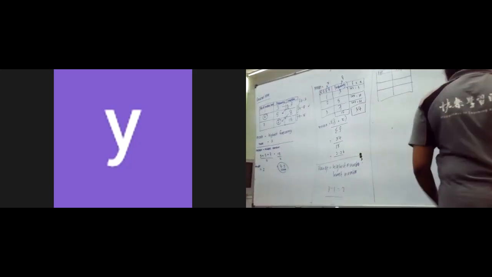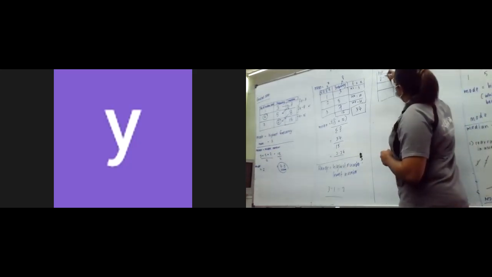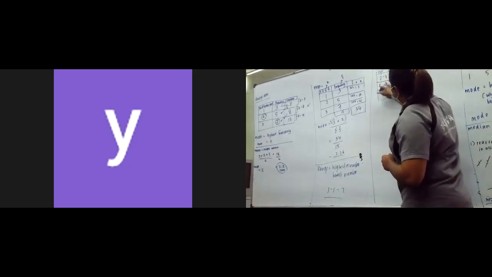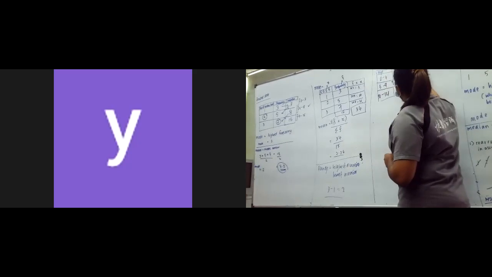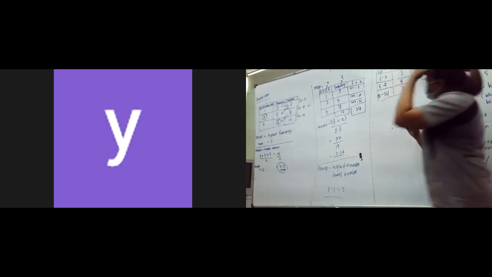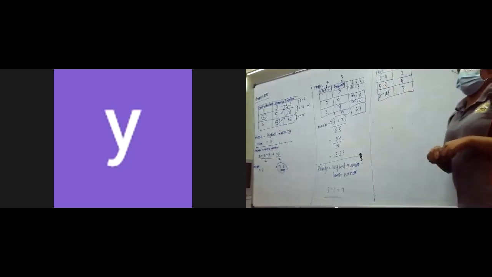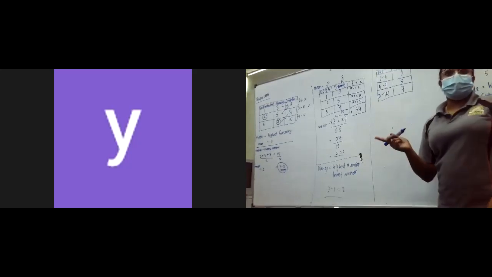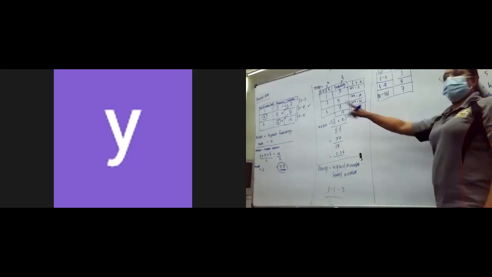Okay. So 0 to 4, 5 to 9, 10 to 14, with frequencies 2, 5, 7. For this, we do mean first. Median, mode, all the same.